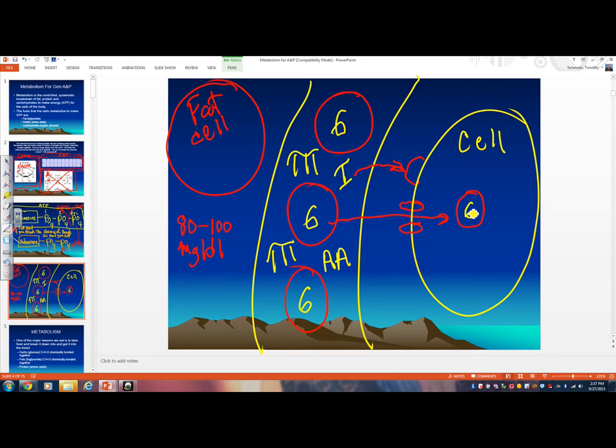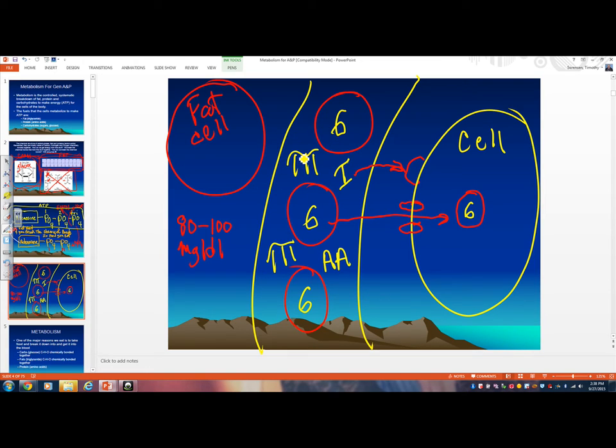Here's the thing. To make sure that glucose is the most readily available fuel, insulin does some other things to guarantee that. Remember, you have triglyceride floating in your blood.